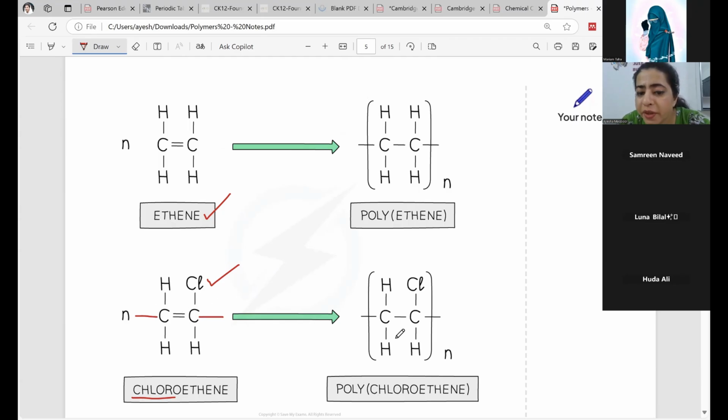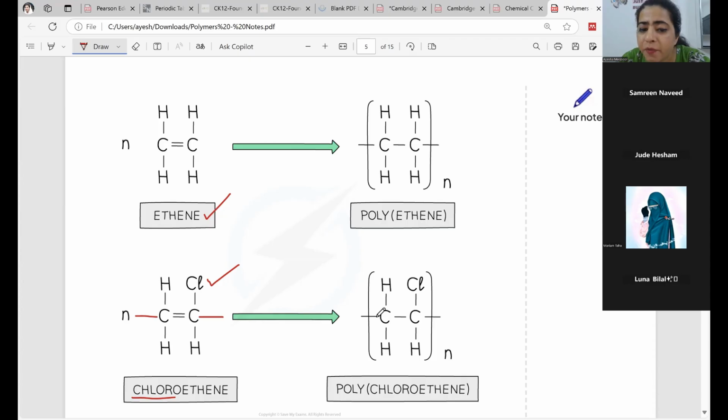So we break from the center and add one extra bond on both sides, and they will make bonds with them. Yes, so they will all link together with these new bonds. These new bonds tell us about the attachment, how they are going to link together. Okay? Yes, thank you so much.